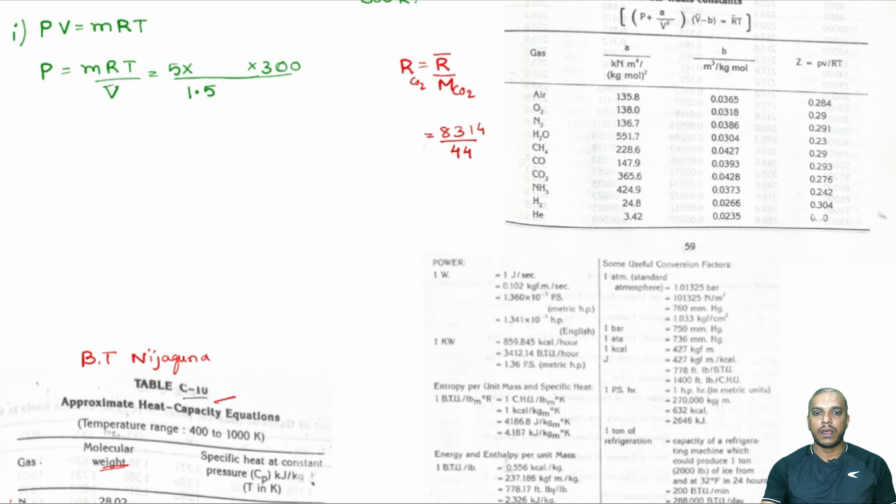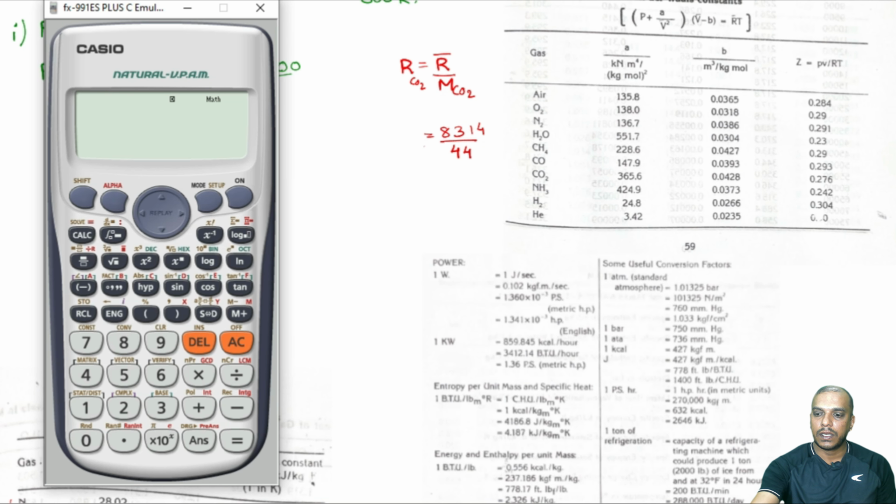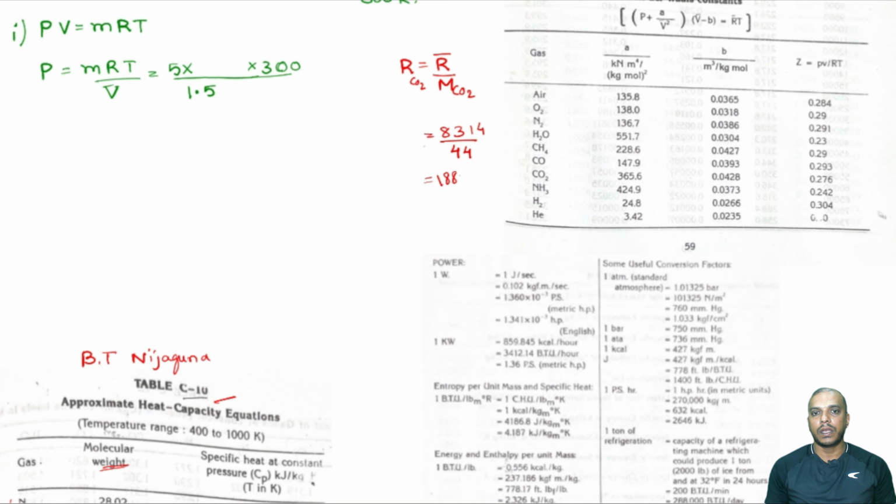So, the value of R for CO2 is 8314 divided by 44, which is 188.95 joule per kg Kelvin. So, this is the value of R for carbon dioxide.